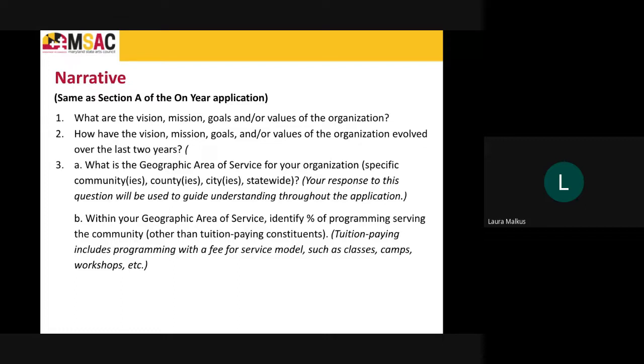Certainly at Fells Point Corner Theater, we may really want to offer our programming for free, but we have a higher rate of participation if we charge a nominal fee. So I just wonder how that impacts the distinguishing factor that you're trying to make, because a lot of our programs really are very community based, and we'd like to make them free, but more people actually show up if we make them not free. So just throwing that in the hopper for the conversation.